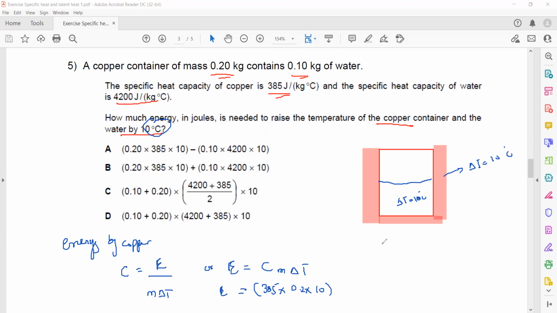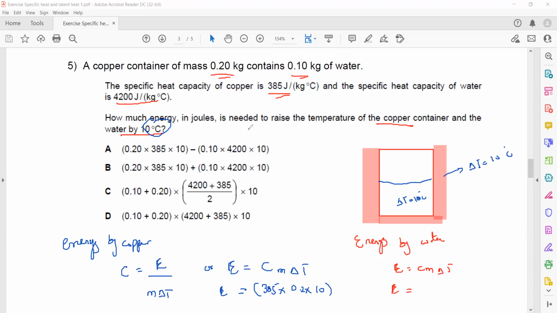Then energy absorbed by the water, we have the formula E is equal to C m delta T, where E is the energy and C is the specific heat.